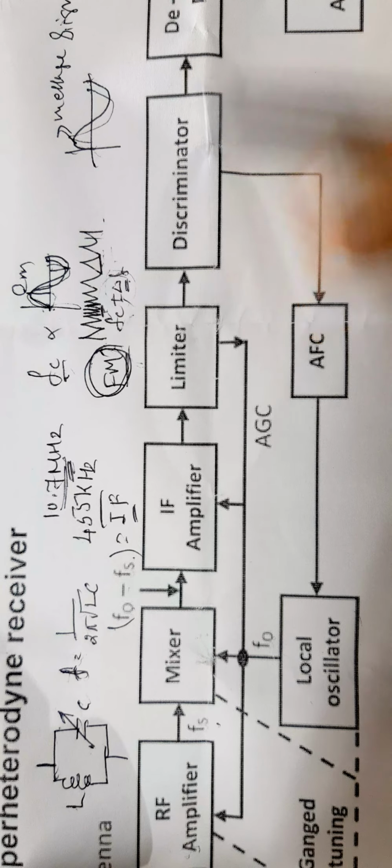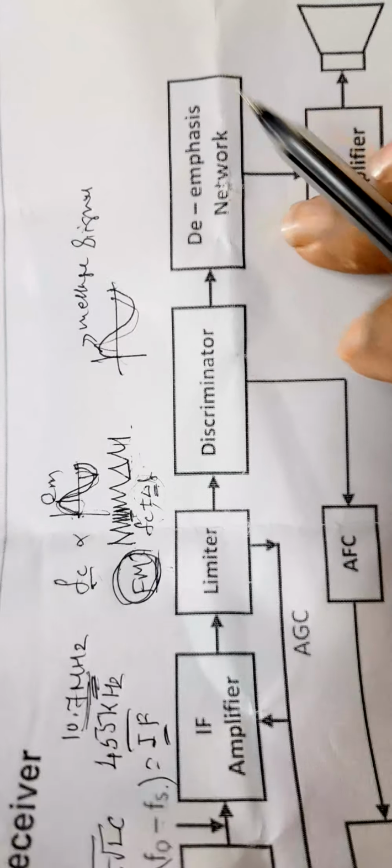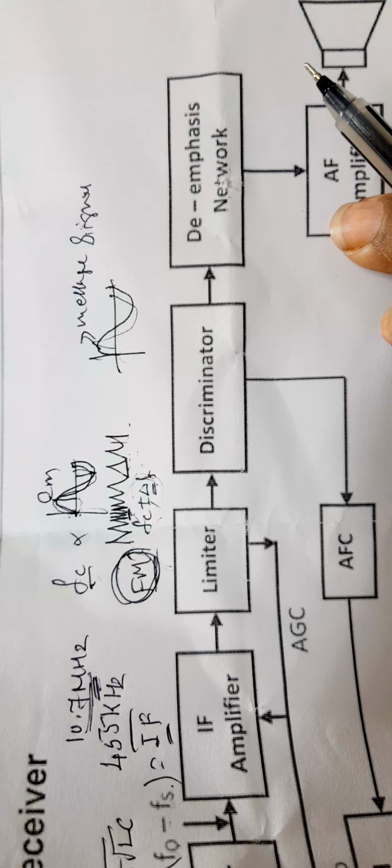Now, after this discriminator, at the transmitting station, what we did first, to improve the signal to noise ratio, we increased the amplitude of the high frequency signal with respect to the amplitude of the low frequency signal. That is called pre-emphasis. Here we do the reverse process, that is, we reduce the amplitudes of the high frequency signal with respect to the amplitude of the low frequency signal.